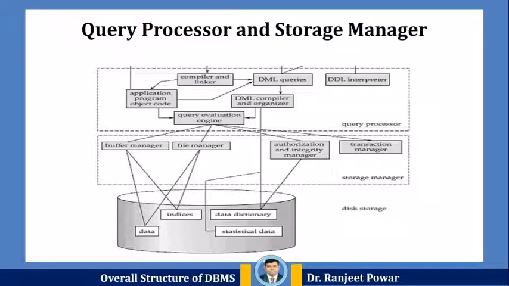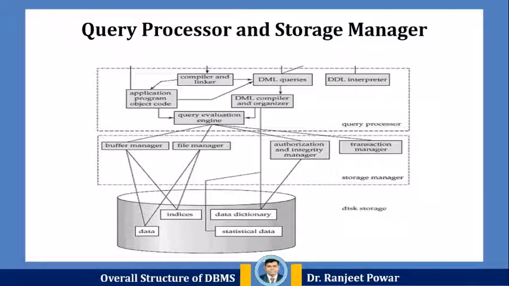And the last one is called the transaction manager. A transaction is a collection of operations that performs a single logical function in a database application. Each transaction is a unit of both atomicity and consistency. Thus, we require that transactions do not violate any database consistency constraints.